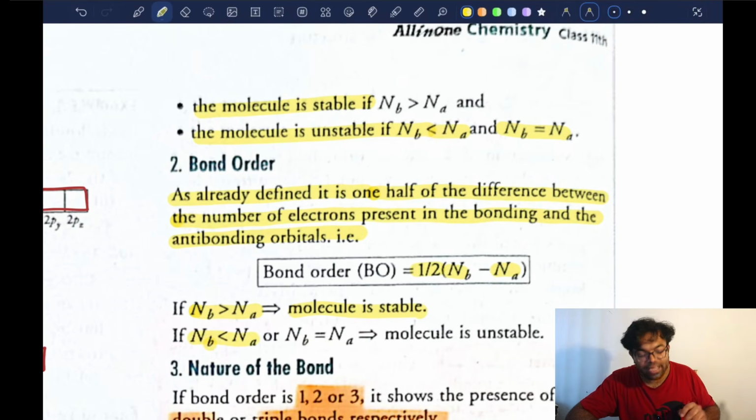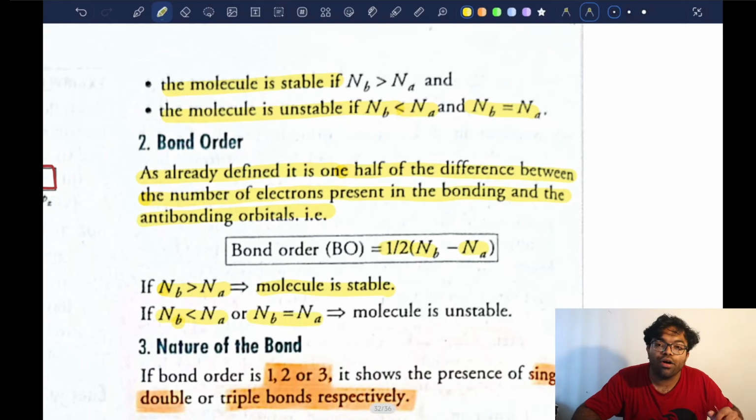But if Nb is less than Na, or if Nb is equal to Na, then the bond order becomes 0 or negative. When such a molecule is formed, it becomes unstable. So the bond order also helps in determining whether the molecule is stable or not. A positive bond order will always result in a stable molecule. A zero or a negative bond order will result in an unstable molecule.